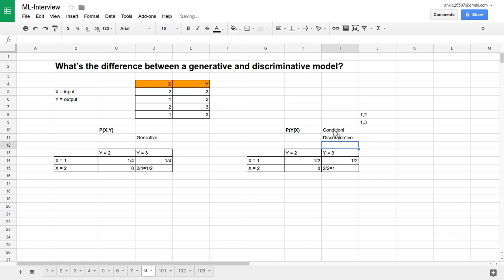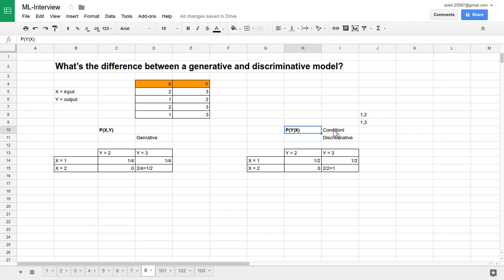Compared to this joint probability distribution, this conditional distribution will straight away tell us that if x is equal to, or input is something like this, what is the probability of occurrence of a particular output or any other particular output. So if you see here, based on the data, if x is equal to 2, y is always 3 in our data set.